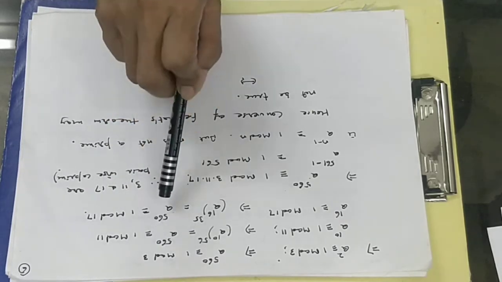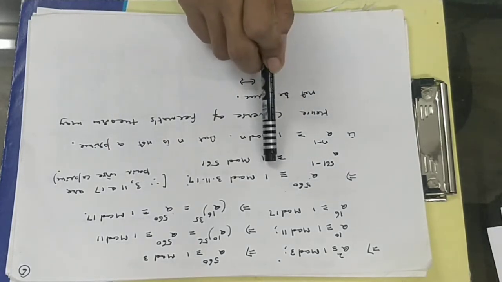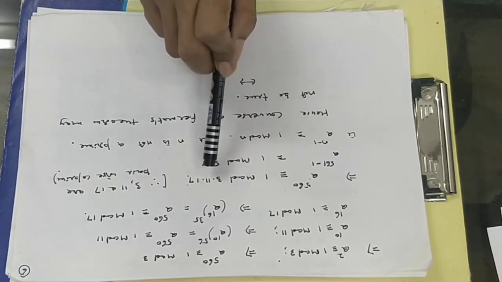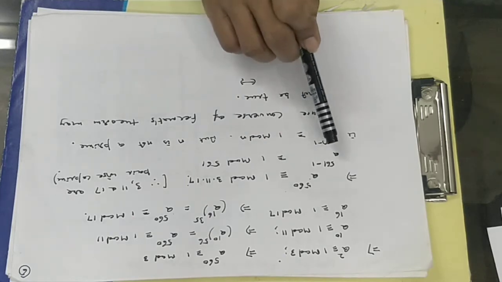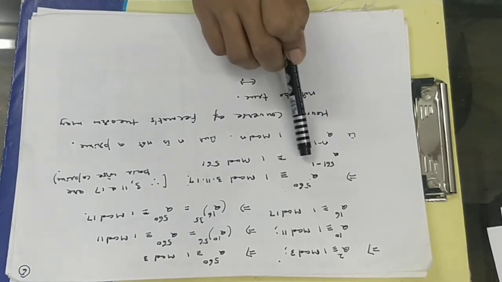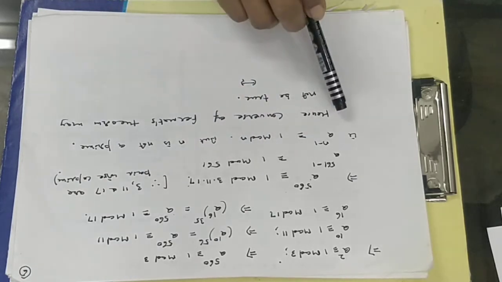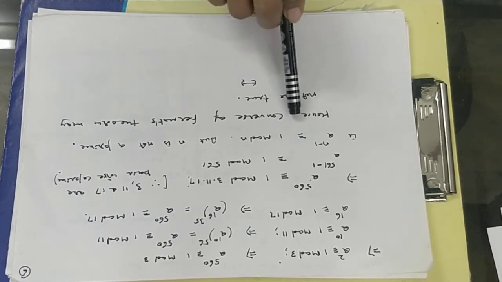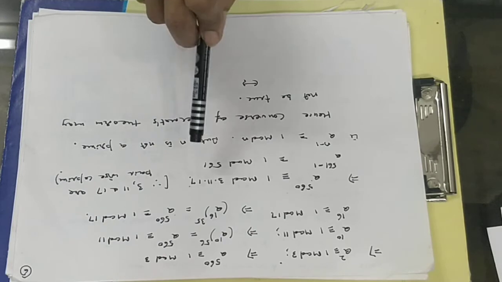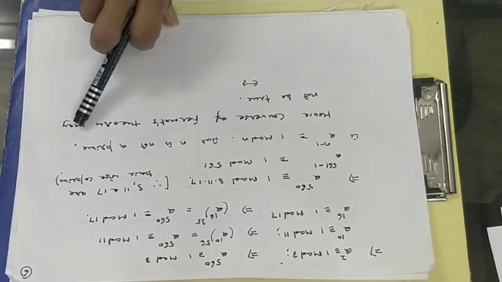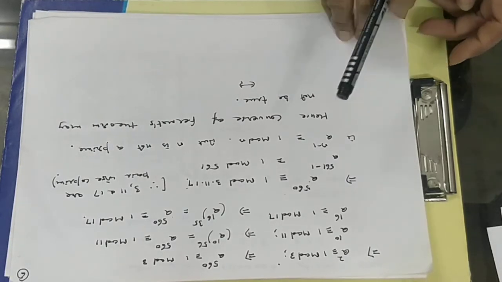Now from these three congruences we can say that a to the power 560 is congruent to 1 modulo 3 into 11 into 17. So a to the power 561 minus 1 is congruent to 1 modulo 561. That is, a to the power n minus 1 is congruent to 1 modulo n. But n here, that is 561, is not a prime. Hence, the converse of Fermat's theorem may not be true.